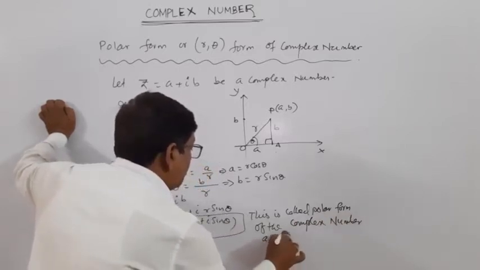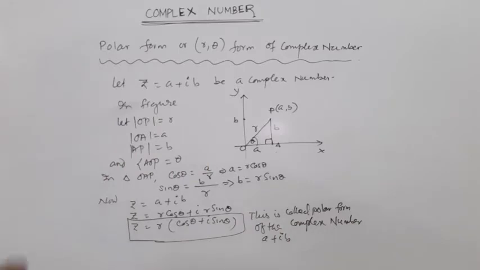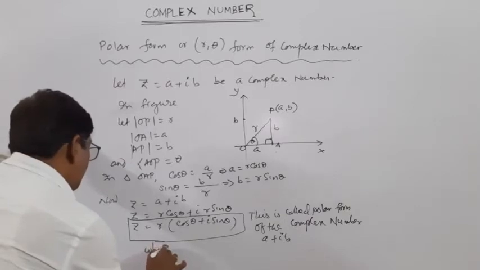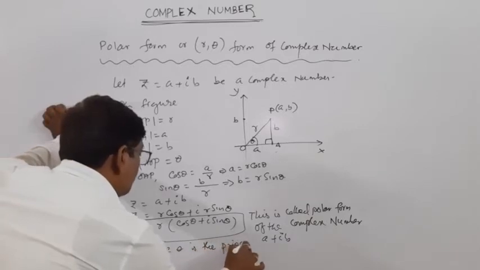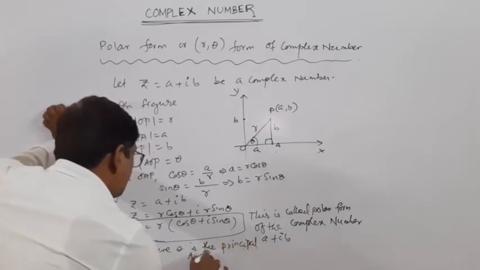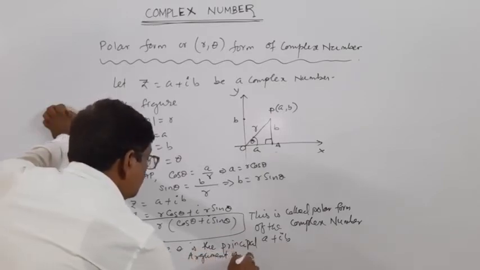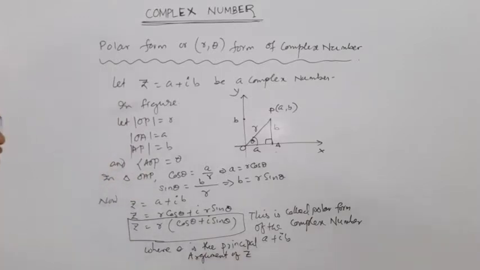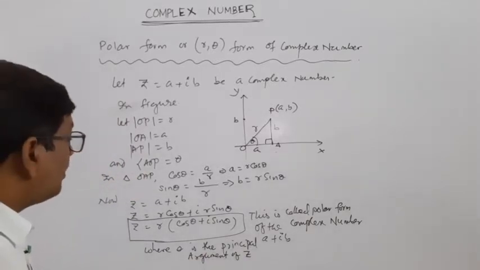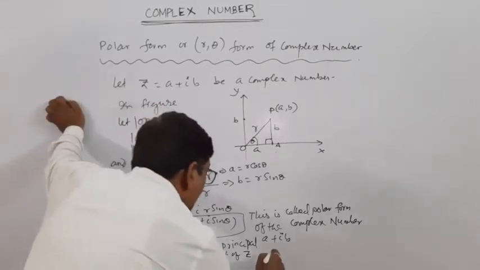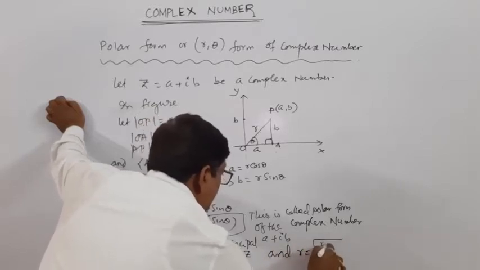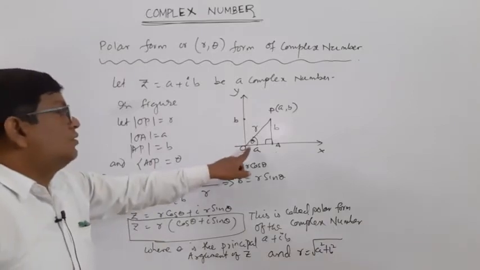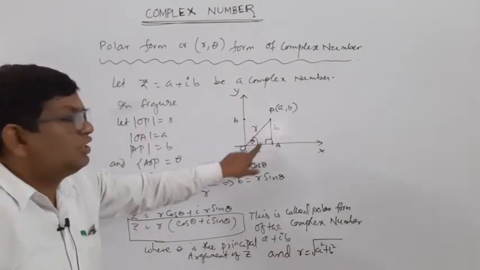Polar form of the complex number a plus ib, where theta is the principal argument of z, and r is equal to square root of a square plus b square.